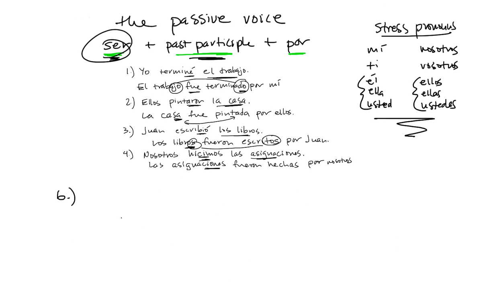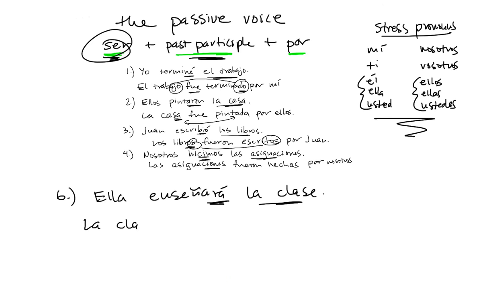Okay, I said the passive voice can also be used with other tenses. It's not always the preterite. For example, ella enseñará la clase. She will teach, this is the future tense, she will teach the class. Change this into the passive and we end up saying the class will be taught by her. So the clase becomes the subject.